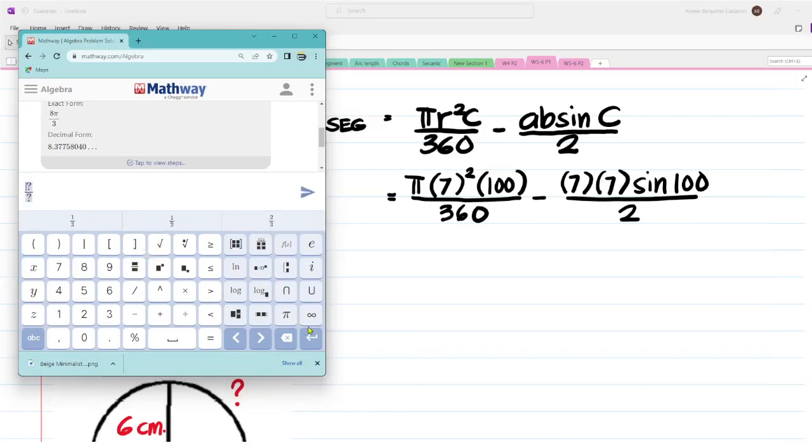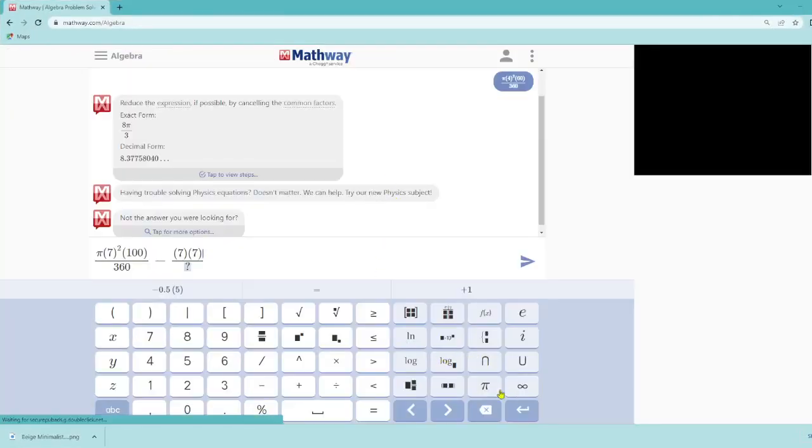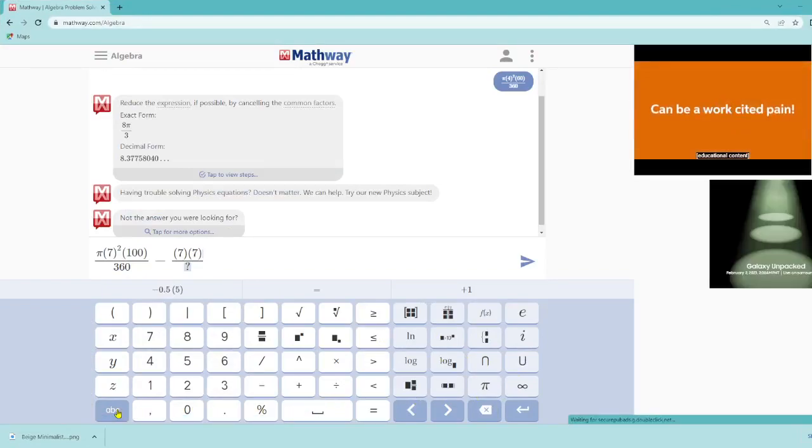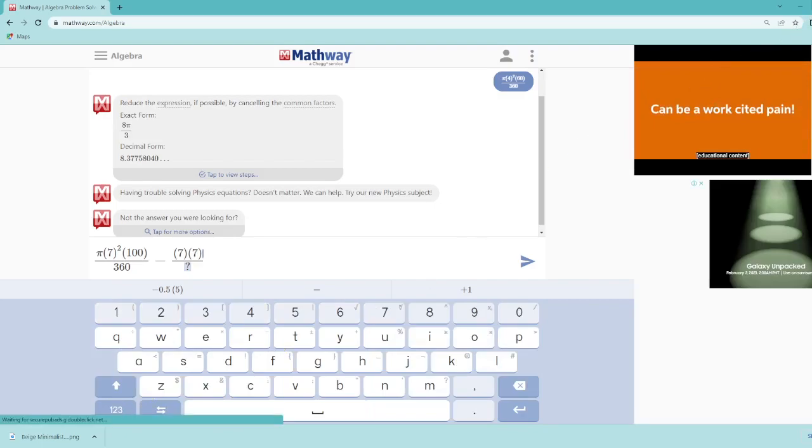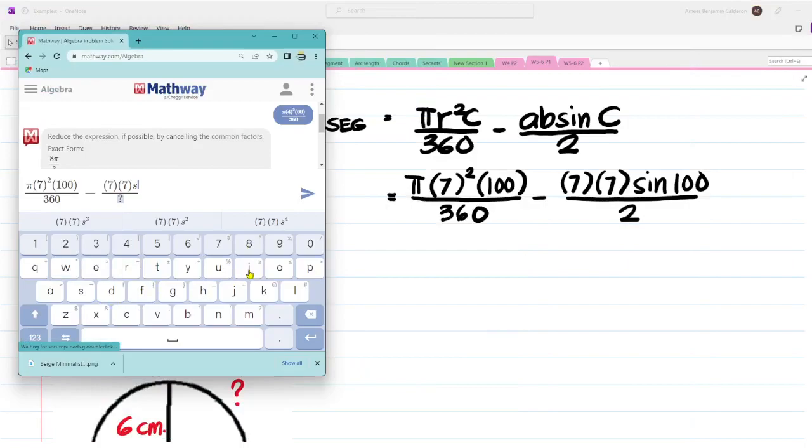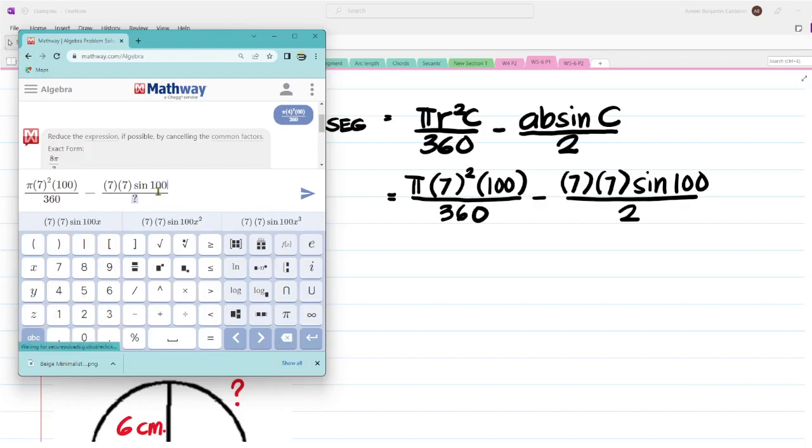So we have pi, R is 7 squared, times 100 over 360, minus fraction 7 times 7 sine 100 over 2.